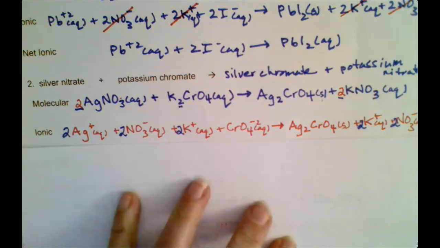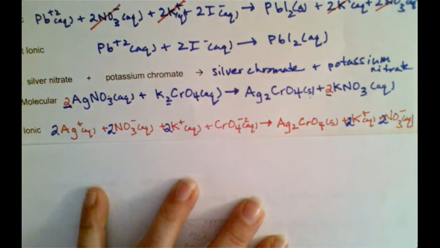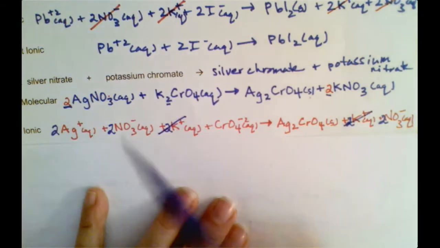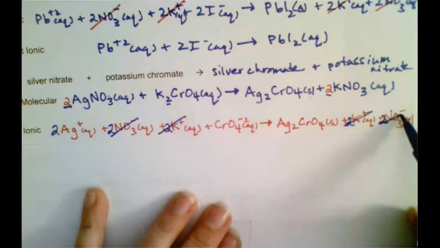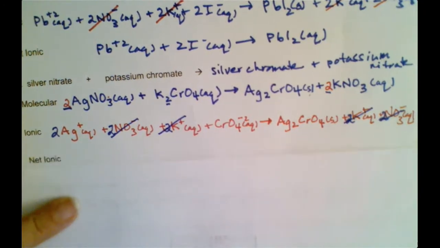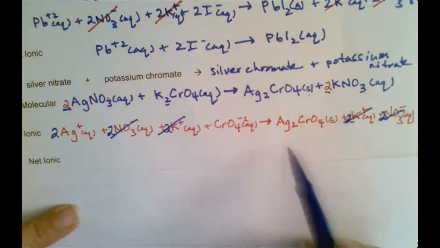Now what we do is we go ahead and we cross off what's common to both sides. So we have 2 potassiums, we have 2 nitrates, and what we should be left with is what is referred to as your net ionic equation, the ions that make up your precipitate.